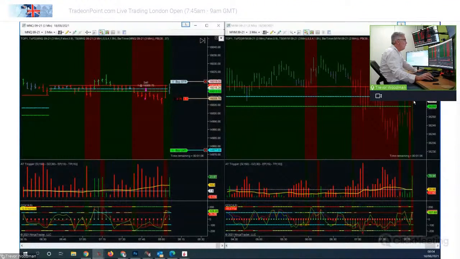We can see the Dow Jones. These are only 3-minute charts, but we've got a nice range on the 3-minute chart. There's 21 points in the Dow Jones, so that's probably going to push it higher. But I am watching this like a hawk on our NASDAQ trade at the moment.